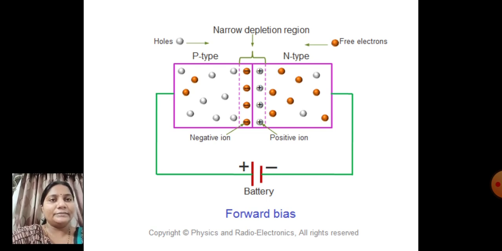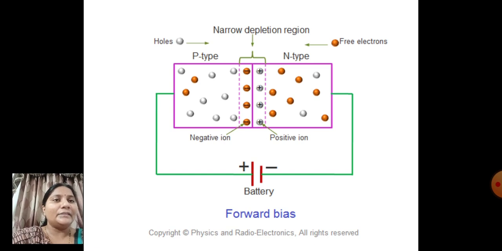In the p side, the silver color balls are the holes, which are the majority charge carriers in the p-type semiconductor, and the orange color ones are the minority charge carriers. The orange color minus signs indicate negative ions. In the same way, let's look at the n-type semiconductor, the n-type material or n-side region.